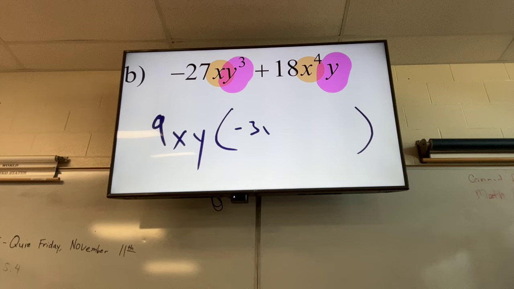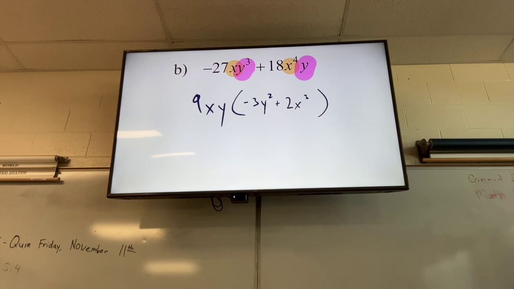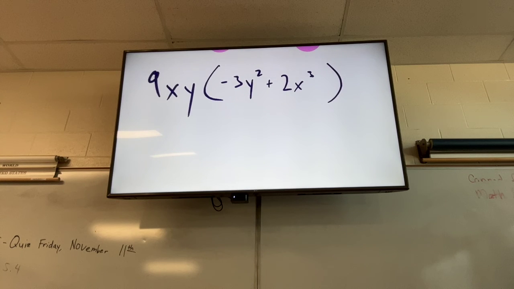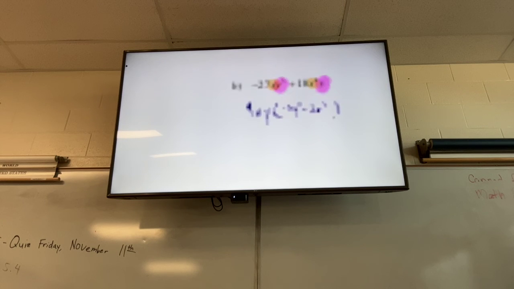Negative 3y squared plus 2x cubed. Yeah. And then can I keep factoring anymore? No, I can't keep going. And then what do I do to check? Redistribute, yeah.